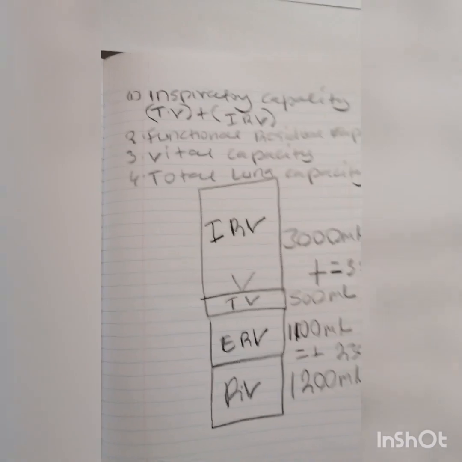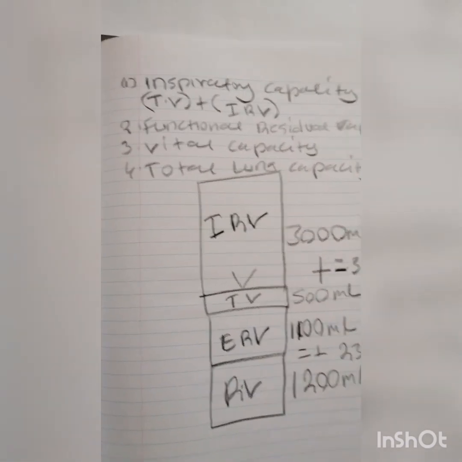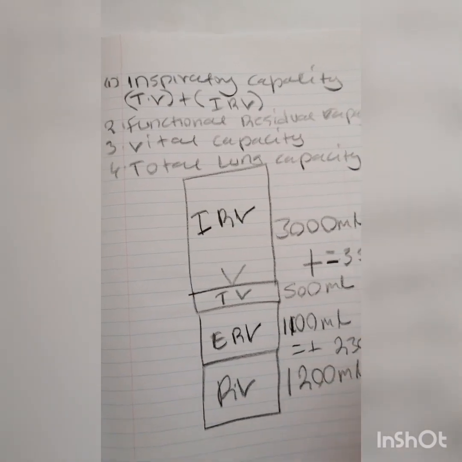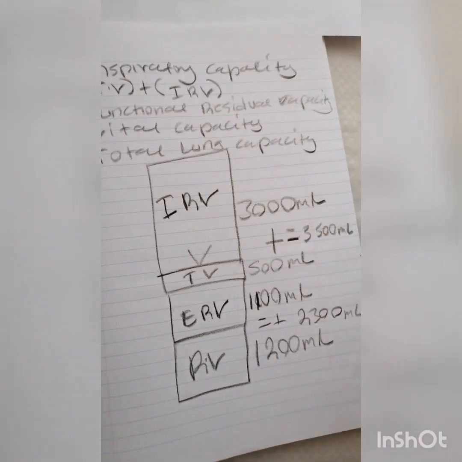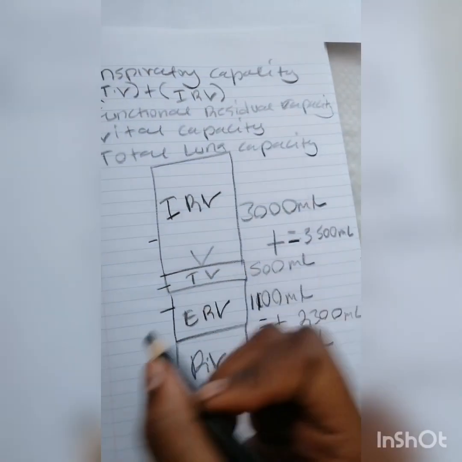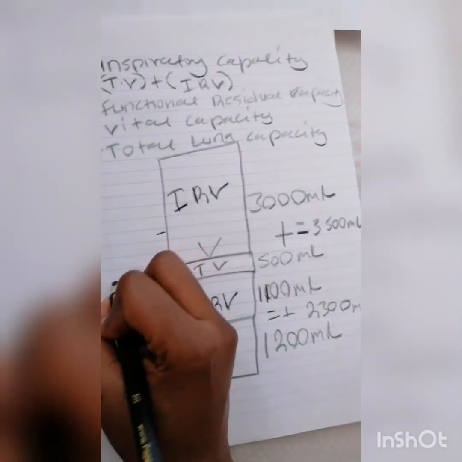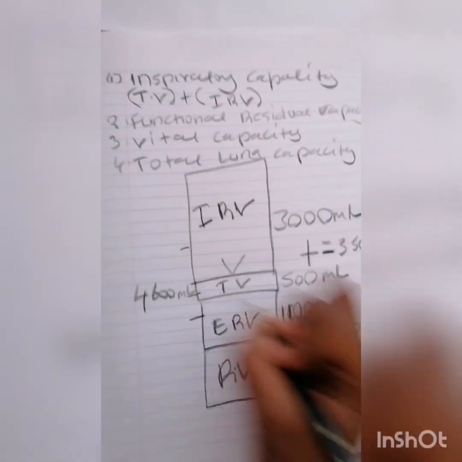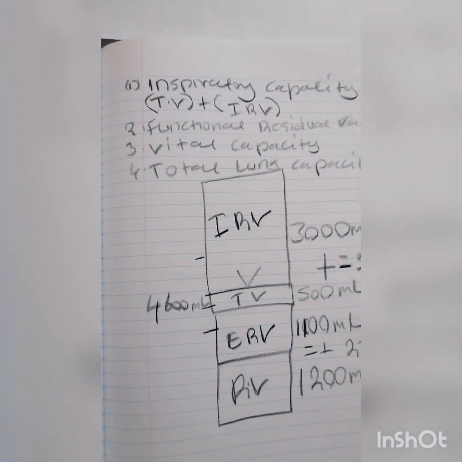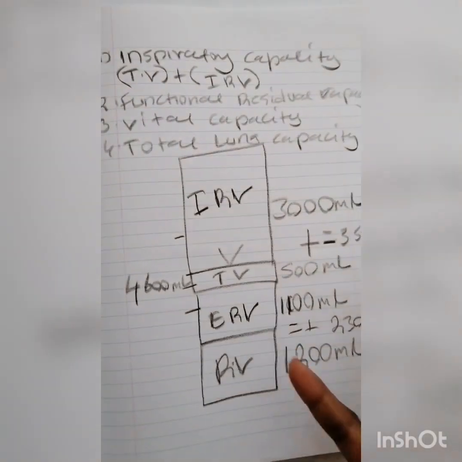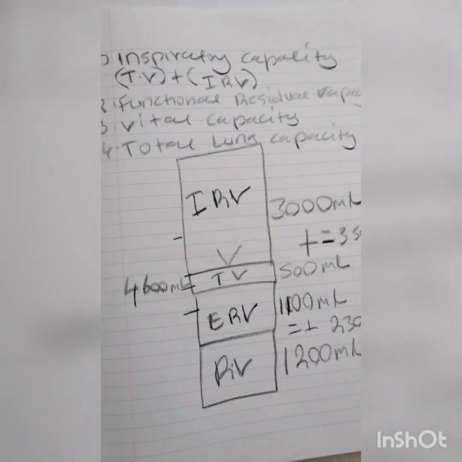Vital capacity is simply the combination of inspiratory reserve volume plus tidal volume plus expiratory reserve volume. This, that, and that. And this is going to be about 4,600 milliliters. Total lung capacity is about 5,800 milliliters.